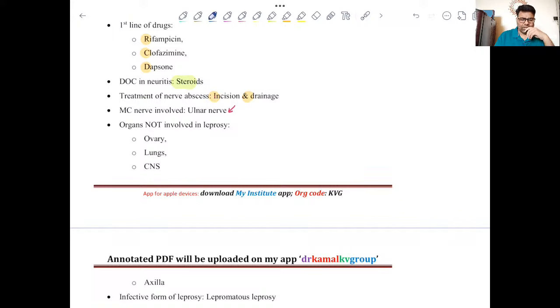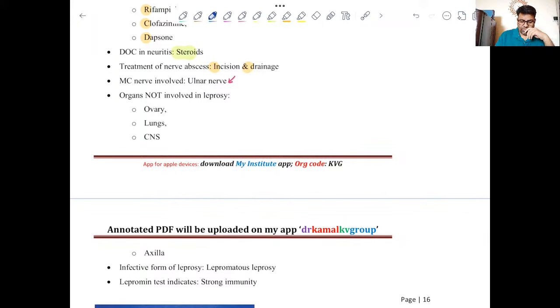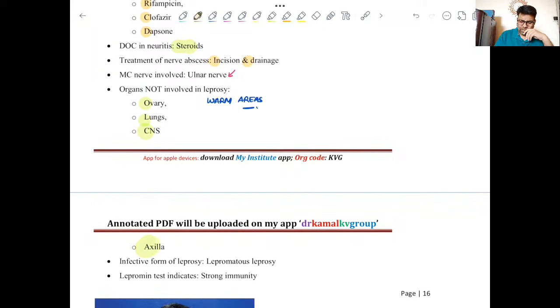Now Mycobacterium leprae bacilli prefer cooler places, right? So it does not involve warm areas, like ovary, lung, CNS or axilla. So warm areas are not preferred.